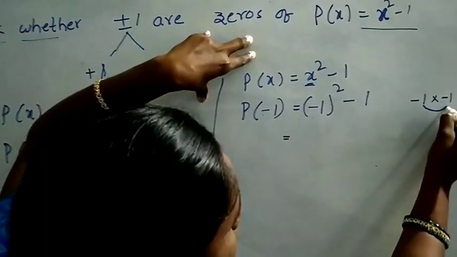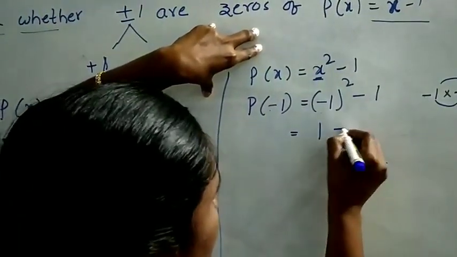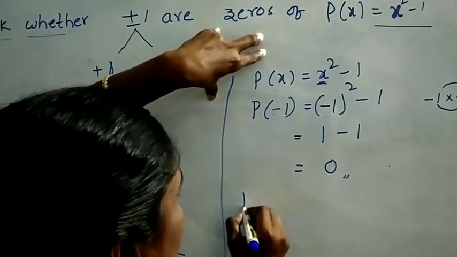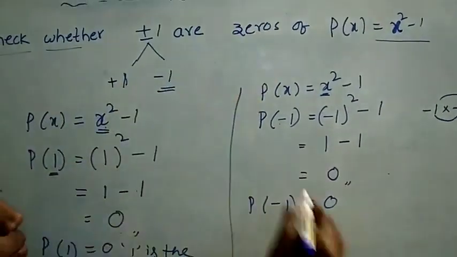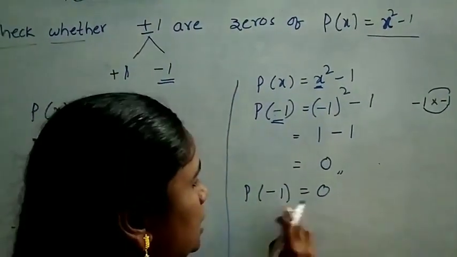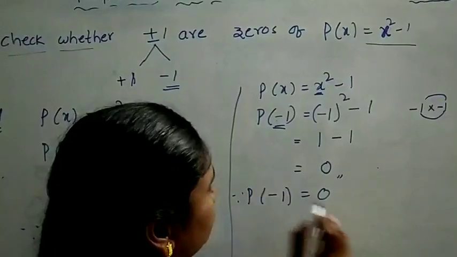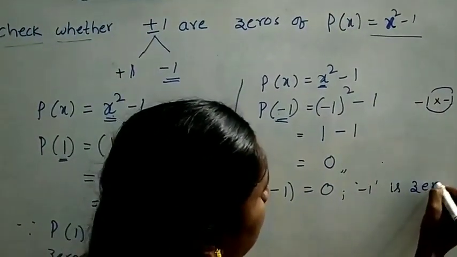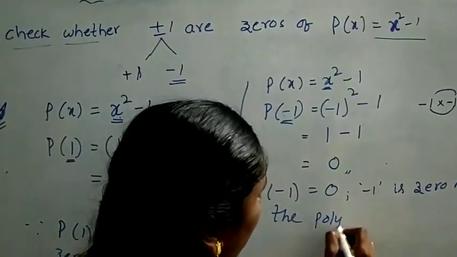So minus 1 into minus 1, minus into minus is plus, 1 into 1, 1 minus 1. So here also 1 minus 1, 0. So the value of p of minus 1 is 0. So minus 1 is also 0 of the given polynomial. Since p of minus 1 is equal to 0, minus 1 is said to be 0 of the given polynomial.